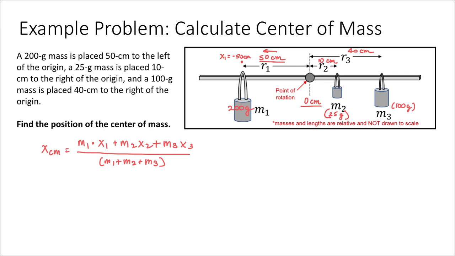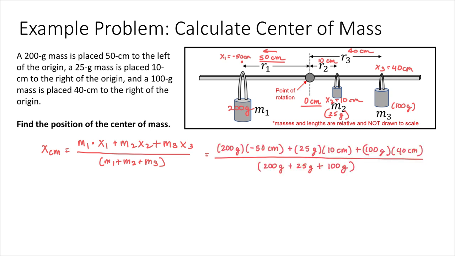Same thing for mass 2. If mass 2 is 10 centimeters to the right of 0, the X value for mass 2 will be positive 10 centimeters. And same thing for mass 3. X3 would be positive 40 centimeters because it's 40 centimeters to the right of my 0 point. So I'll go ahead and plug all these values into my center of mass equation.